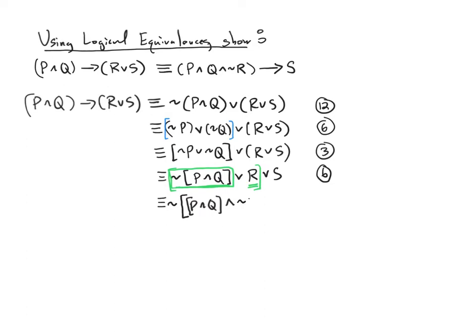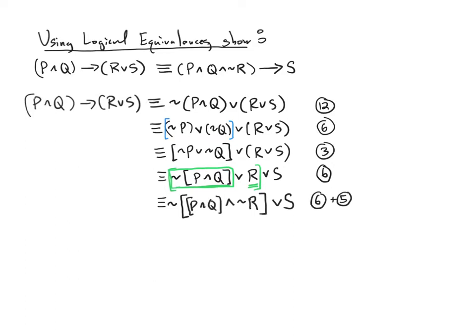This becomes the negation of R or S. And that is by De Morgan's law yet again. And we used the negation of a negation is the original thing.